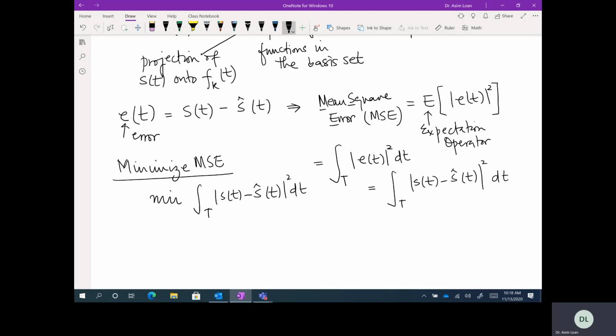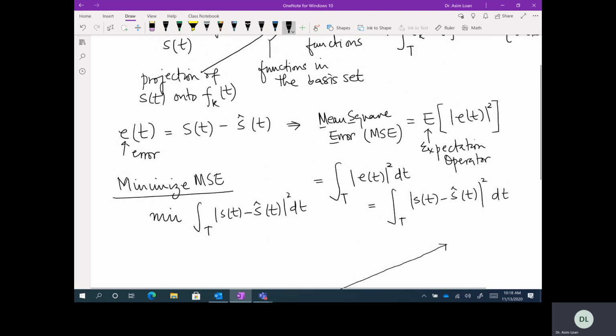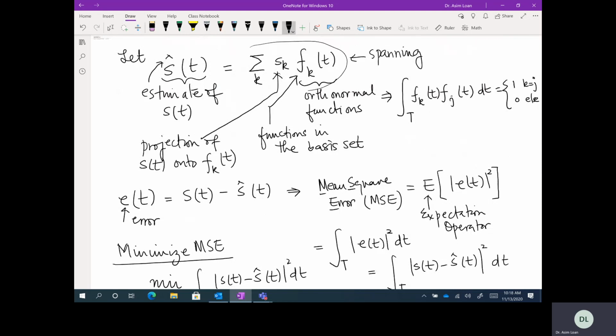If you recall from your linear algebra course, suppose this represents your basis function. Since S hat of t is this one, this means it is in this direction.